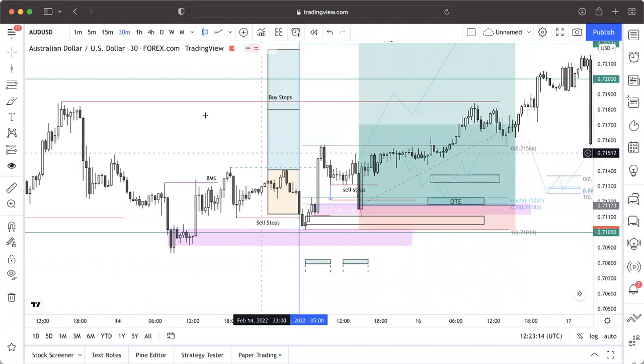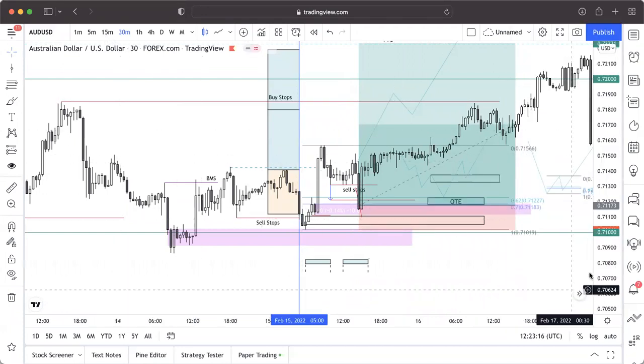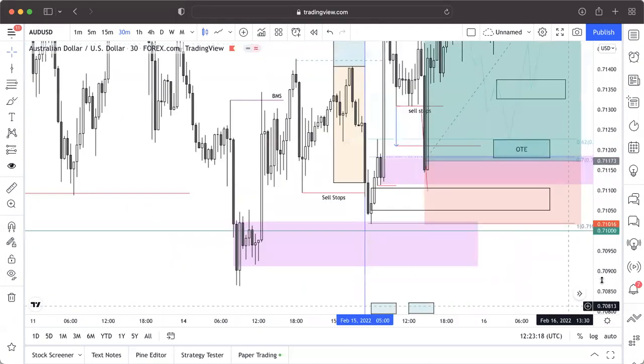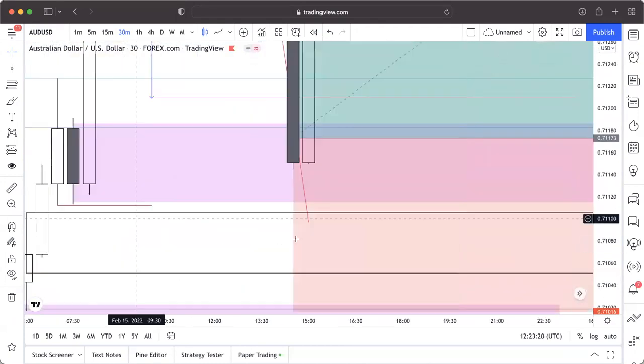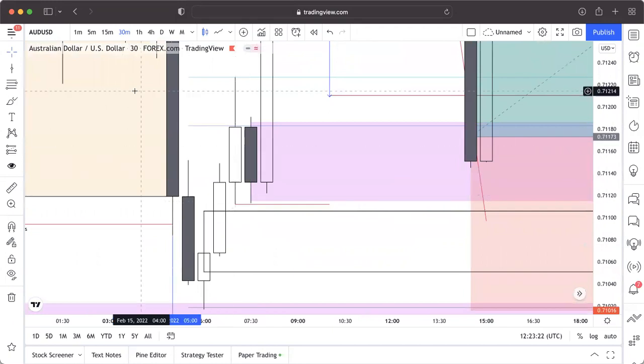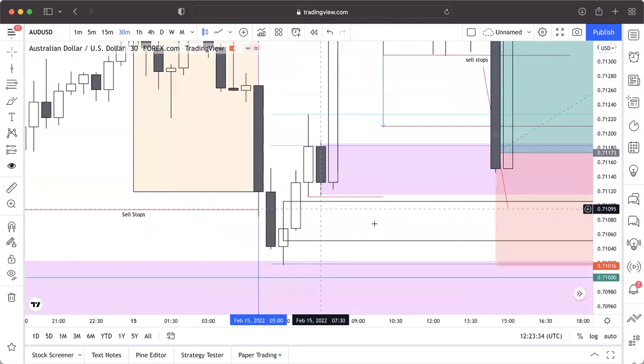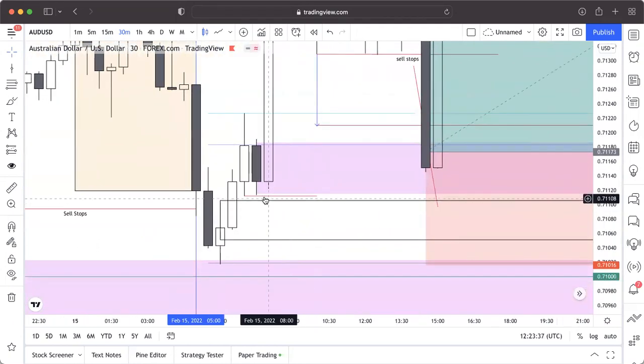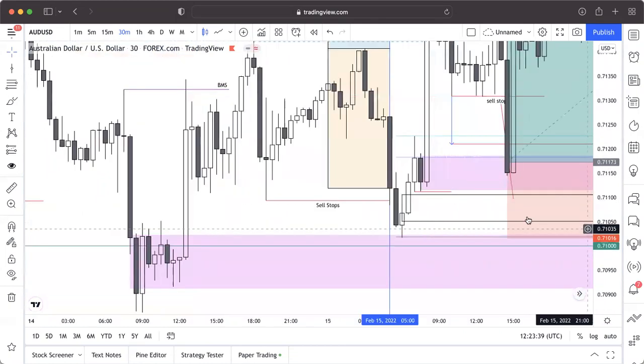Someone actually pointed out on the previous call that these lows might be liquidity, because I believe on the 1 minute, someone was looking at this low as potential equal lows in the market. I actually wasn't really caring about that because it's just such a low time frame that it doesn't really matter.